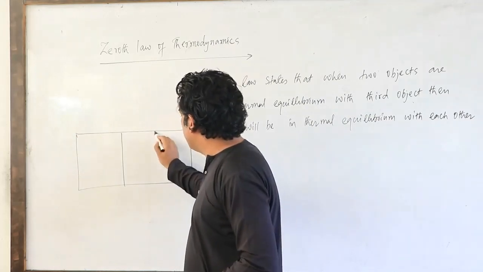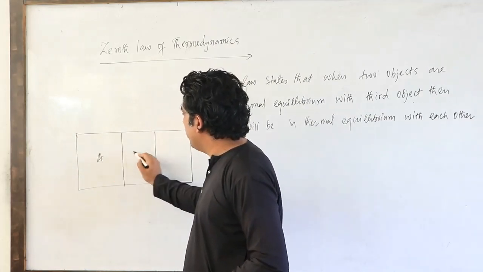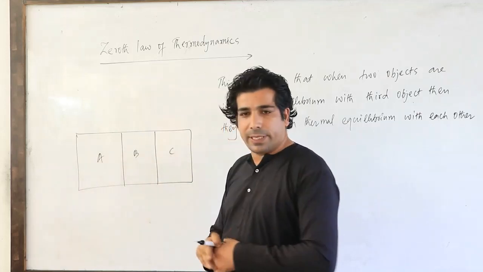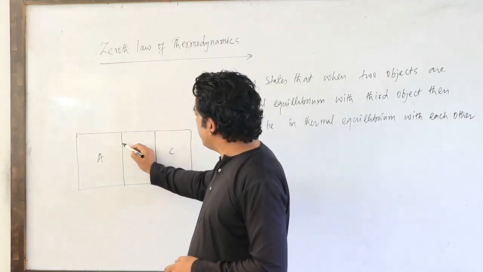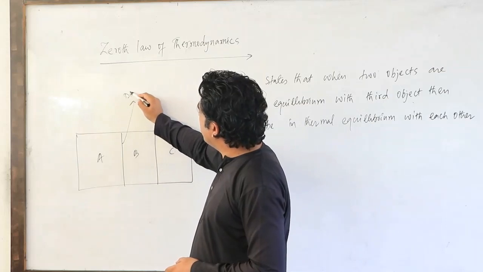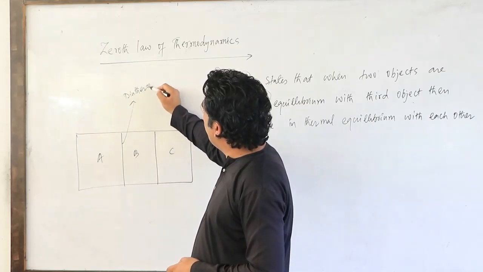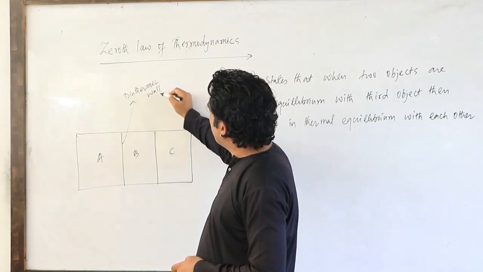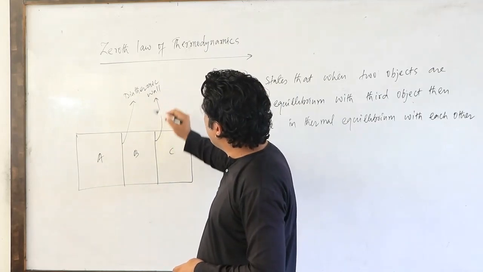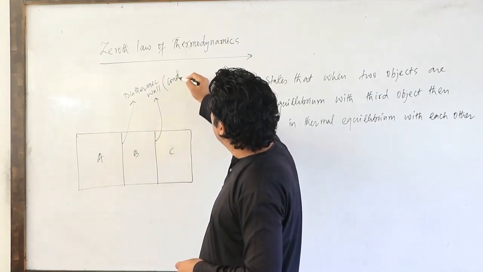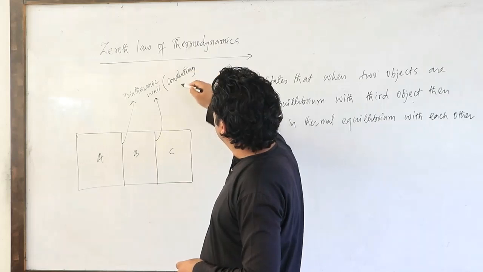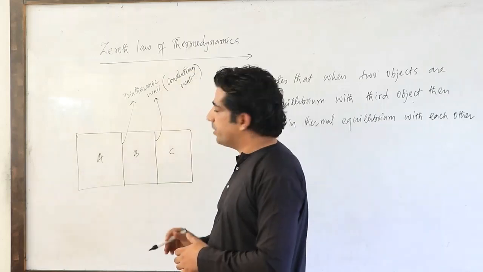Let's take the 3 objects here, A, B and C. Correct, my dear friends? And let us take it as a diathermic wall, that means conduction is possible here. We can also call it a conducting wall. Heat transfer or exchange is possible.